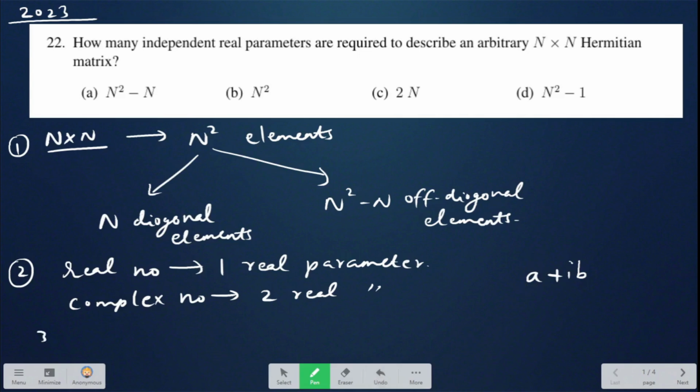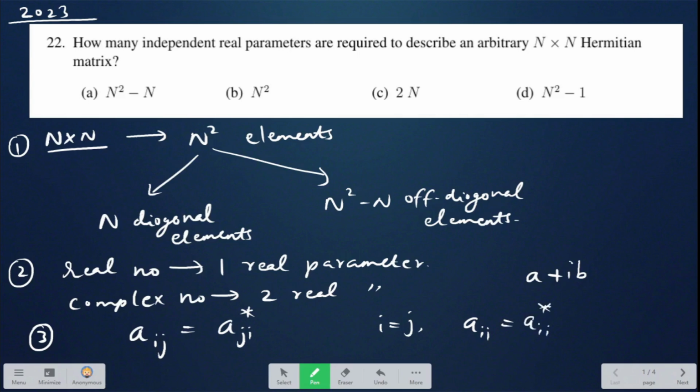Now the third point, the definition of Hermitian matrix. The ijth element of a Hermitian matrix is equal to a_ji star, that is the jith element's complex conjugate. Therefore, if i is equal to j, a_ii is equal to a_ii star, which means both the number and its complex conjugate are equal.